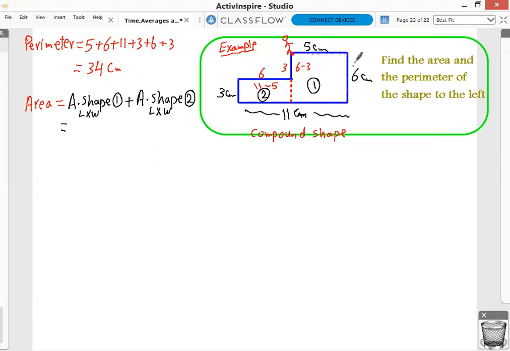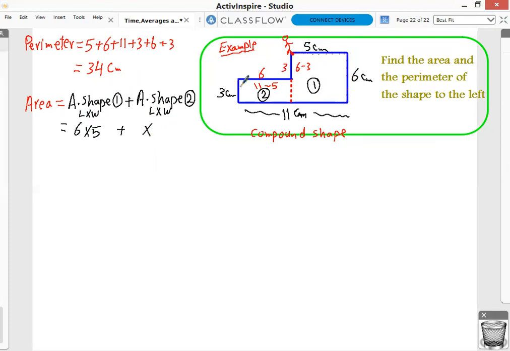What about shape 1? What multiply what? 6 multiply 5 or 5 multiply 6, correct? Then it will be 6 multiplied by 5 plus, what about the second shape? Zainab? What multiply what?